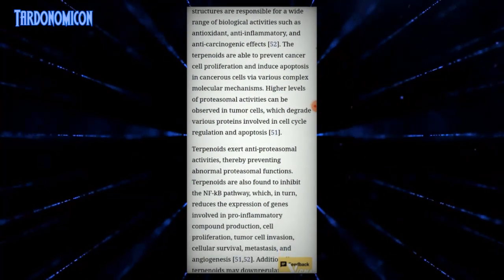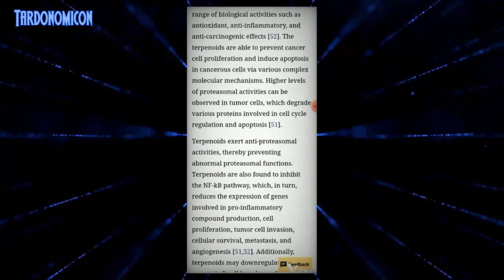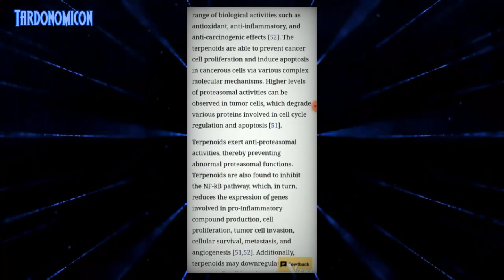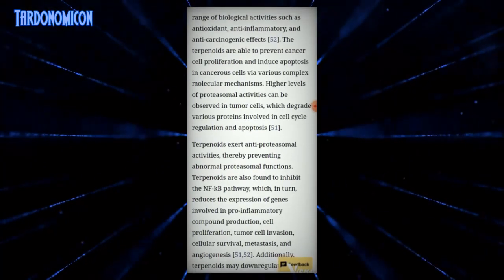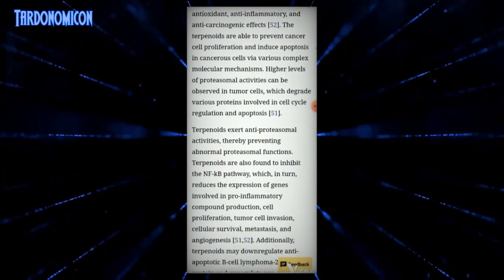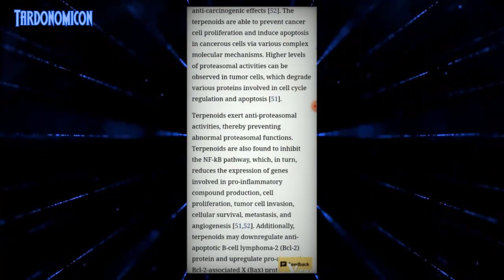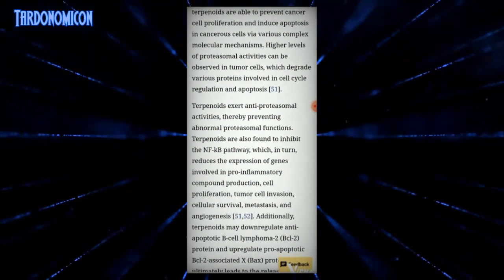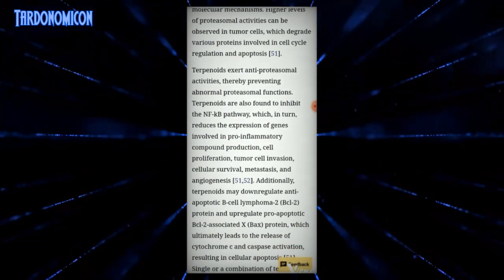The terpenoids are able to prevent cancer cell proliferation and induce apoptosis in cancerous cells via various complex molecular mechanisms. Higher levels of proteasomal activities can be observed in tumor cells, which degrade various proteins involved in the cell cycle.